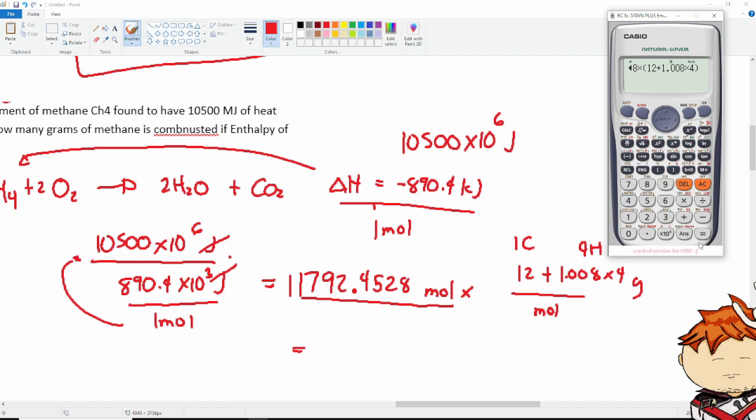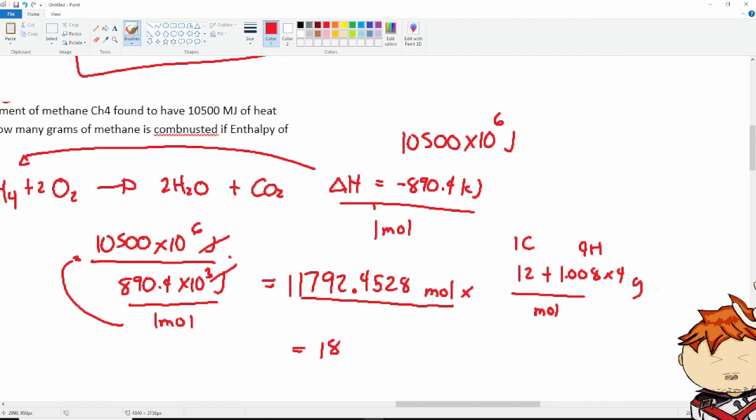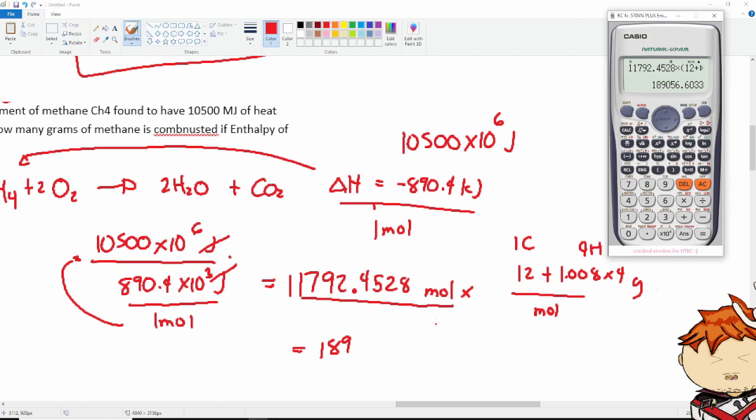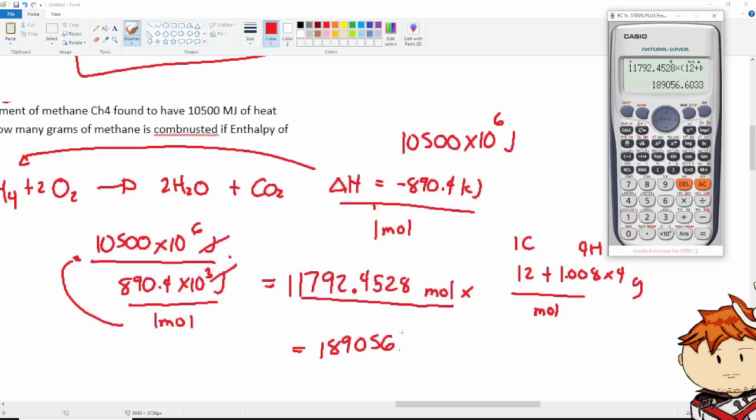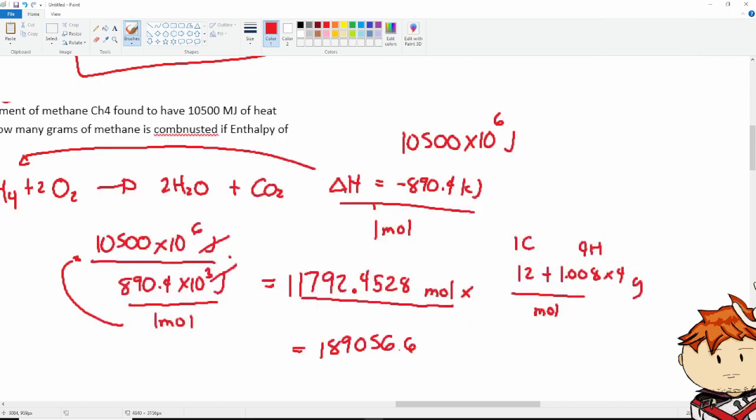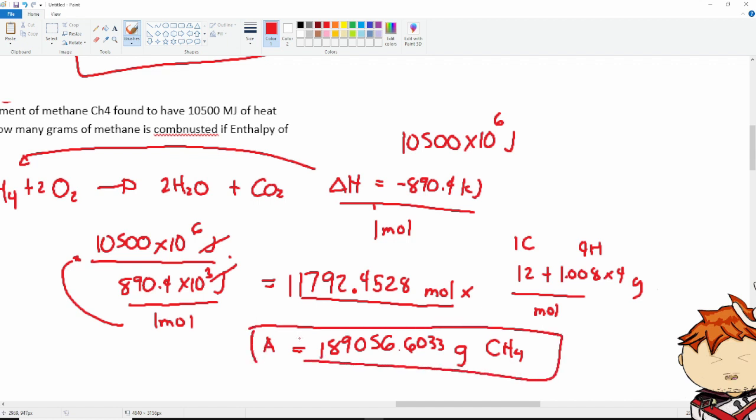So that's 189,056.6033 grams of CH4. Okay, so this is now the answer. Wow, that's a lot of CH4. And again, that's a lot of heat: 10,500 times 10 to the 6 joules.